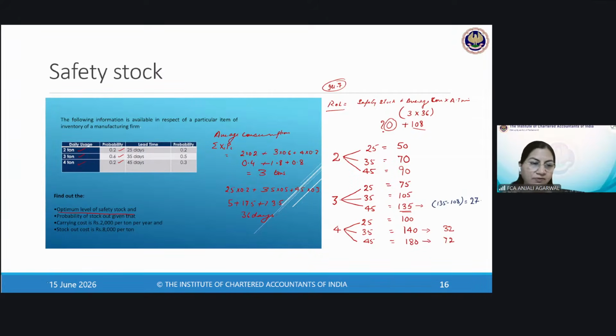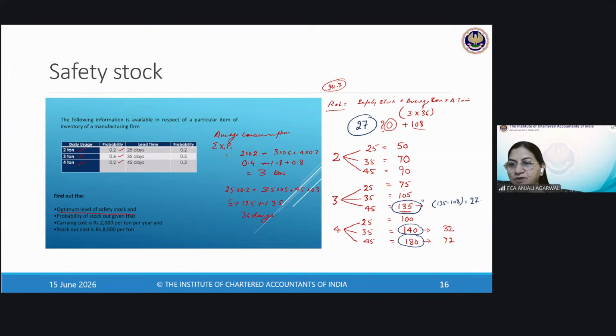But we see that there are only 3 scenarios in which you will be stock out. If you consume 3 tons every day and it takes 45 days, or if you consume 4 tons and it takes 35 days or 45 days. So these are the 3 possible scenarios of stock out. And had you kept a safety stock of 27, this would also have been covered.